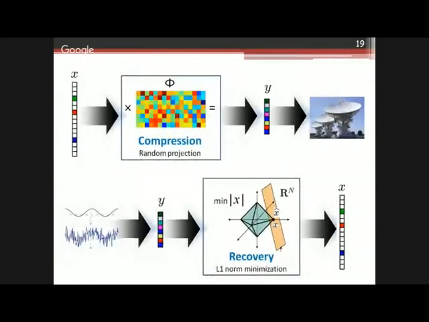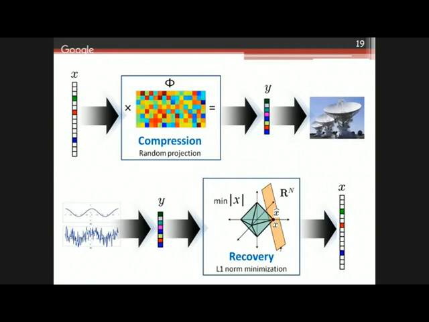This is a small example to represent the concept of compressive sensing that I'm trying to discuss here. This is X, the data which you are gathering, and this is the compressed version of the data. By using this compression, or random projections, we are trying to generate a signal Y. Here, random projection means the probability functions are coming into the picture.